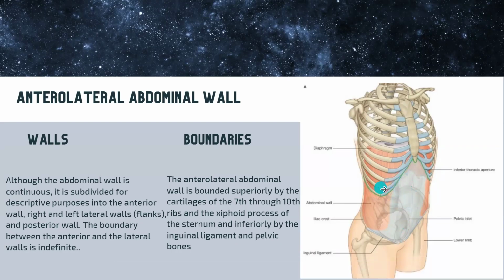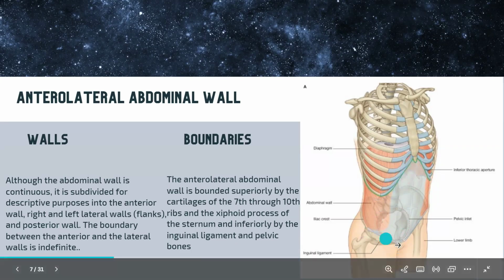And then you can see the boundaries: from the 7th to 10th rib, costal surface, the xiphisternal process, and inferiorly by the inguinal ligament and the pelvic bones.